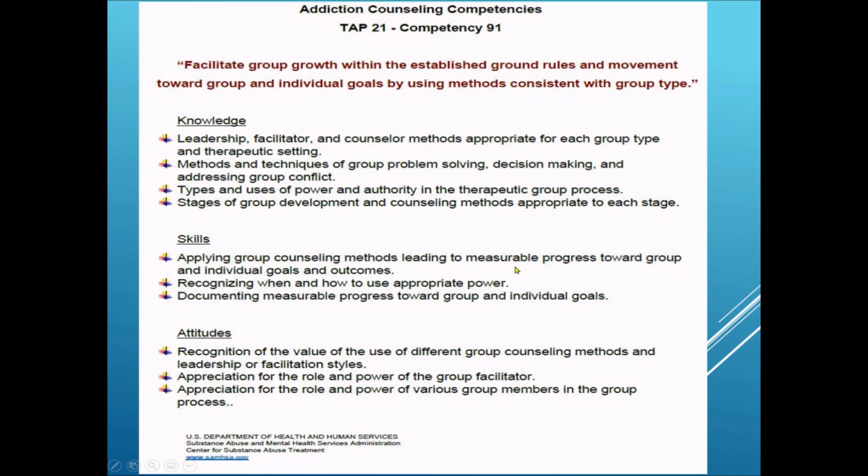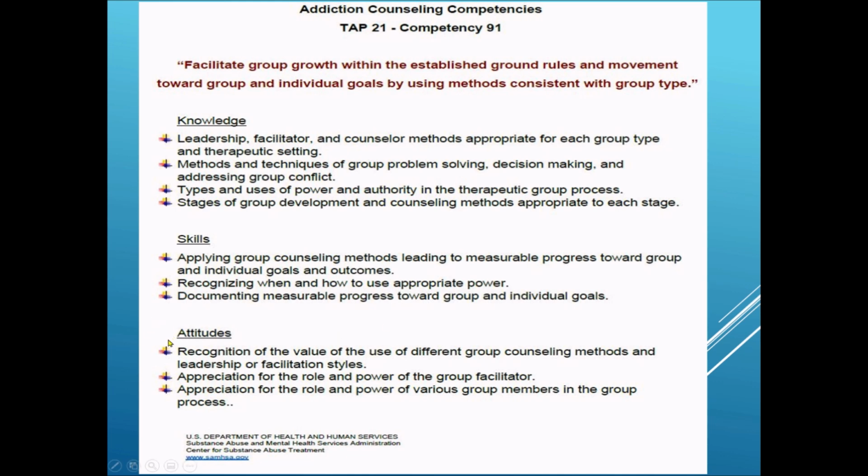So measurable, that's measurable, observable, attainable. You can document it when it happens, when you see it happen before your eyes in group because you're observing. You're going to document measurable progress towards group and individual goals. So there are group goals and there are individual goals as identified in the patient's treatment plan.